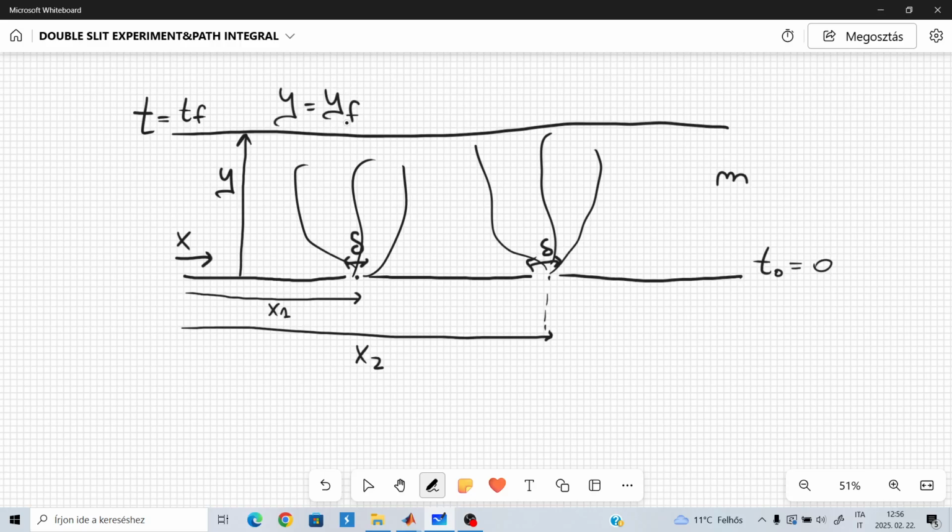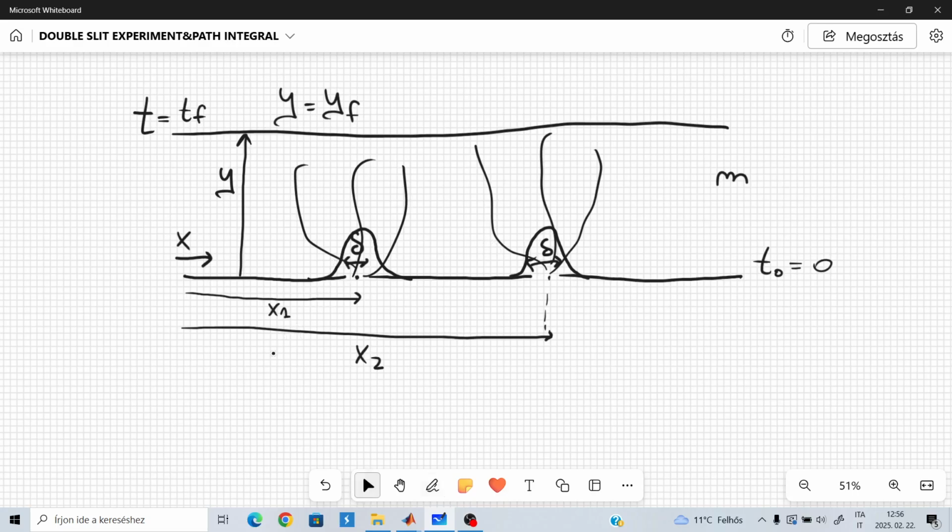Now we need to write down some equations, and in particular we assume that there is some kind of distribution here around this slit, and the same distribution will be here around this slit on the left. We think of these as Gaussian distributions for simplicity, because in that case the integrals can be computed quite simply.